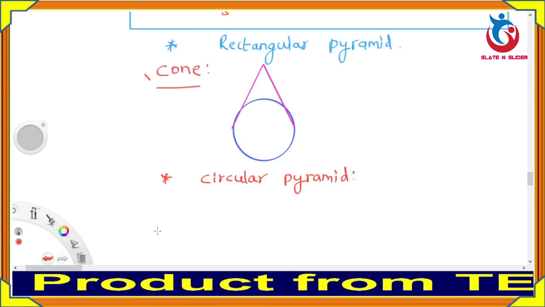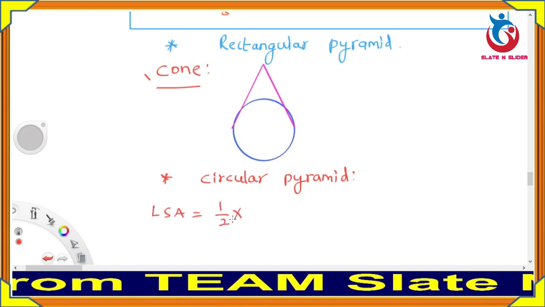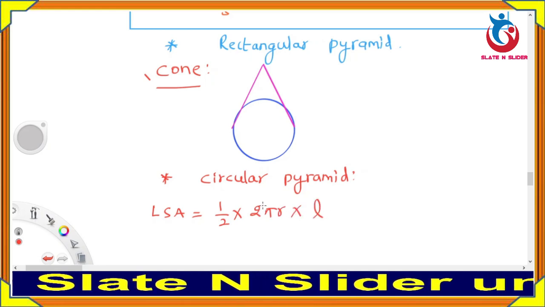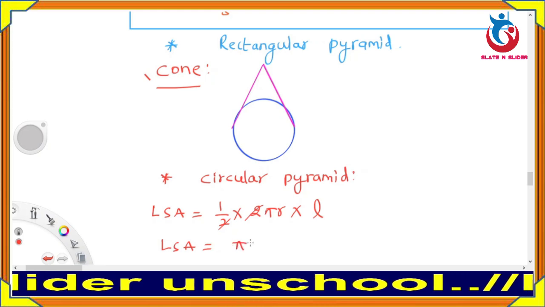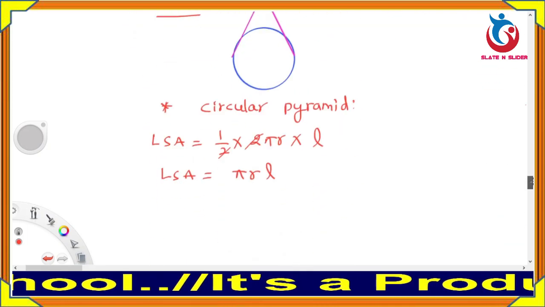Same formula. So LSA of the cone is equal to half of the perimeter of the base, that is 2 pi r, into slant height L. So 2 gets cancelled, then we get LSA is equal to pi r L. And we should write the total surface area.